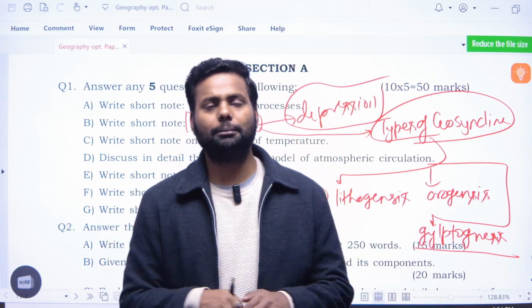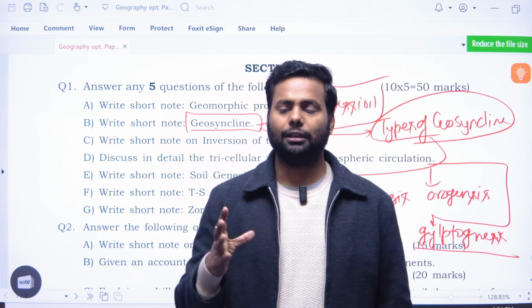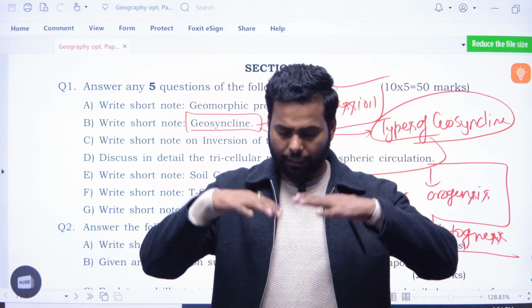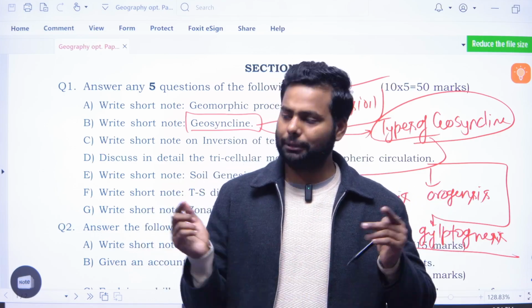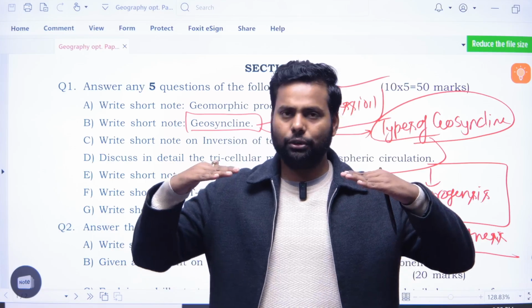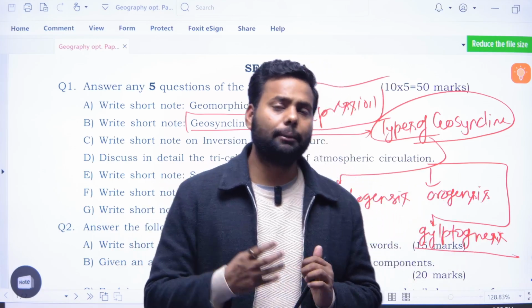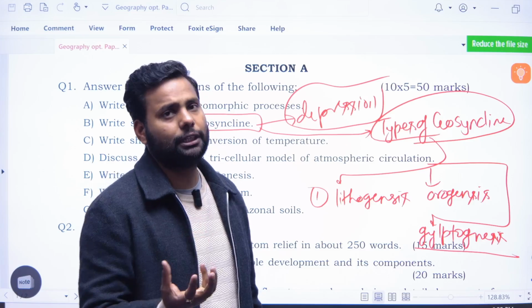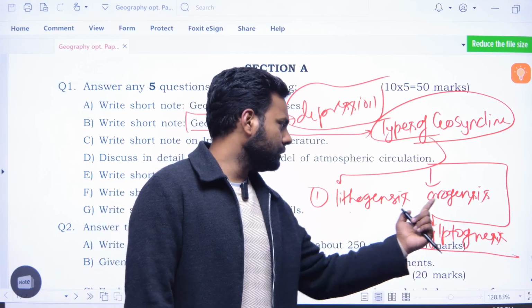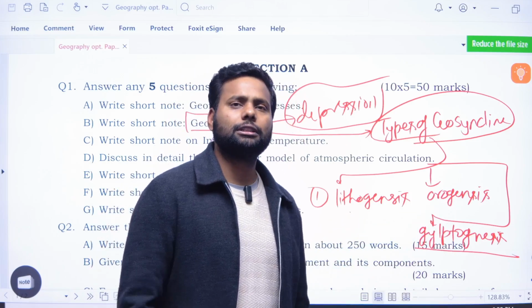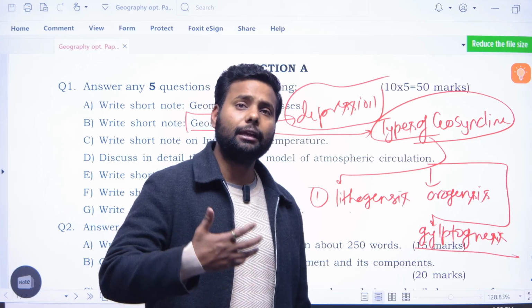After some time, because of contraction, the sediments are depressed and lithified, subsided, and horizontal movement is created because of the subsidence of the geosyncline. So you have to mention lithogenesis, orogenesis, and glyptogenesis, which is the process of peneplanation.